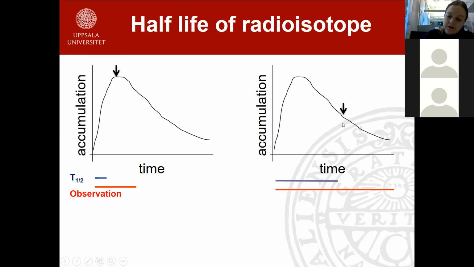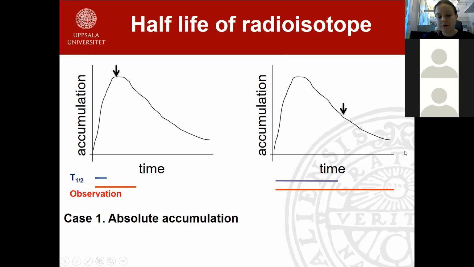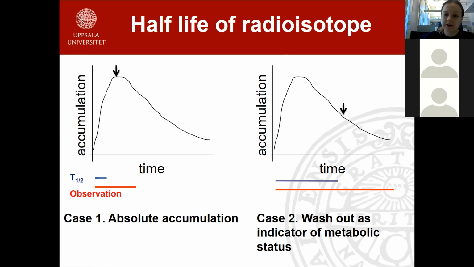So the choice, as I said before, really depends on your application, what you want to do. Do you want to do imaging at short time point, or do you want to look at the metabolic status, at the washout from the tissues, and so on. So in case 1, we are interested in absolute accumulation, and in case 2, we look at the washout, for example, or clearance.